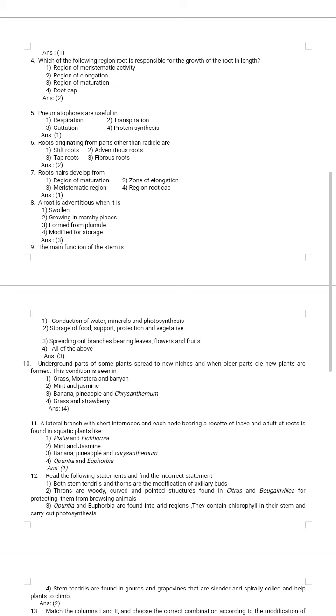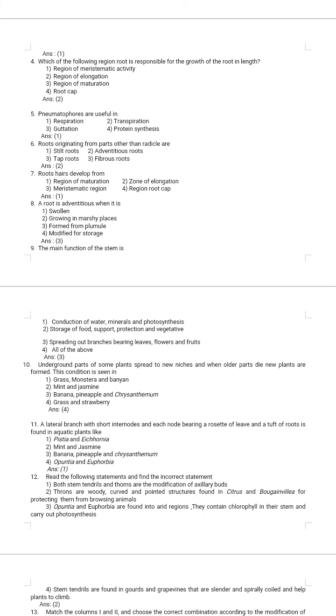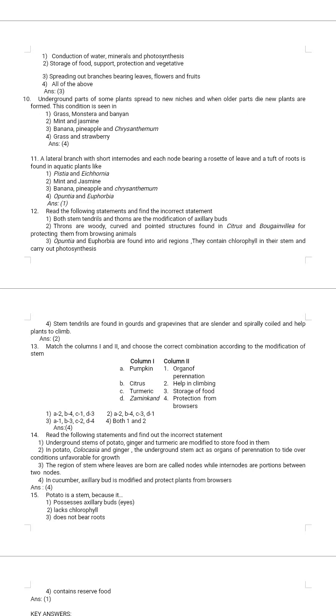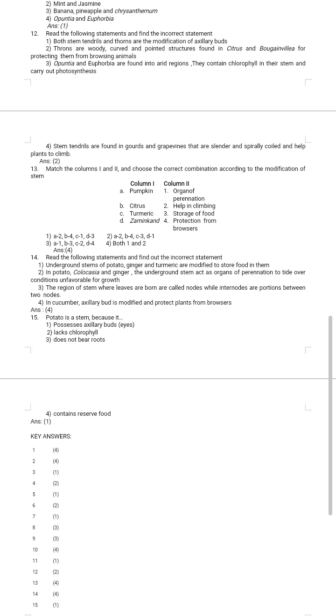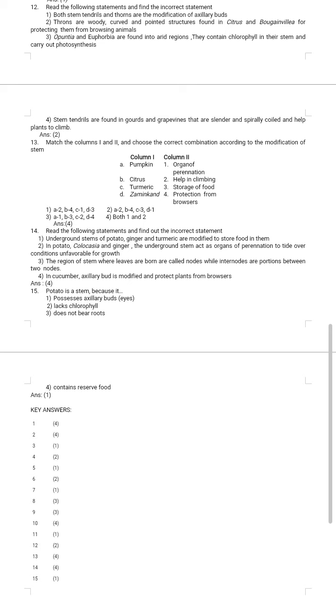Next, 12th question. Read the following statements and find out the incorrect statement. Students, in this we need to find the incorrect statement. First one, both the stem tendrils and thorns are modifications of axillary buds. Thorns are woody, curved and pointed structures found in citrus and bougainvillea for protecting them from browsing animals.